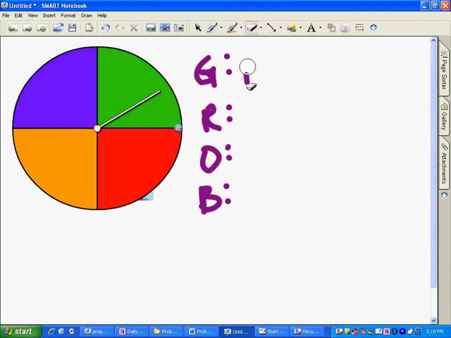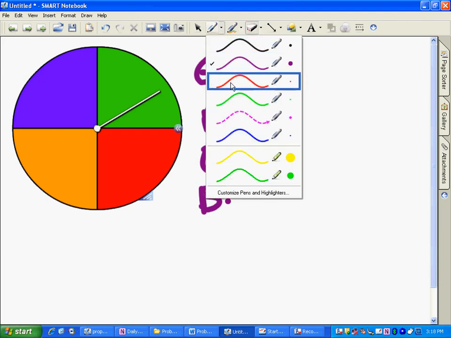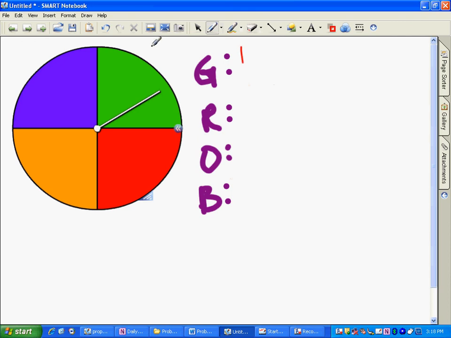Actually, I'm going to make this smaller so that I can fit more in here. So I'm going to spin it again. And it's going to land on orange. And you would expect, in theory, that 1/4 of the time it lands on green, 1/4 of the time it lands on red, 1/4 of the time it lands on orange, and 1/4 of the time it lands on blue. But that's not necessarily what's going to happen here.